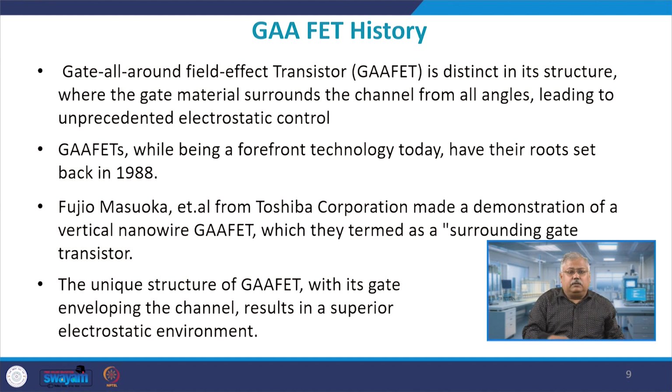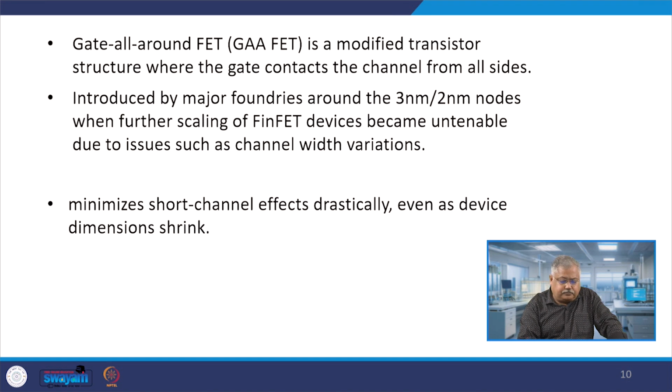Now this obviously gives you a much superior electrostatic control. So your short channel effect goes down drastically, and you are able to maintain a high value of reliability of the device. As I discussed with you, the gate contacts the channel from all the sides, and major foundries have done quite a large amount of work around the 3 nanometer and 2 nanometer nodes by scaling the FinFET device and looking into the issues.